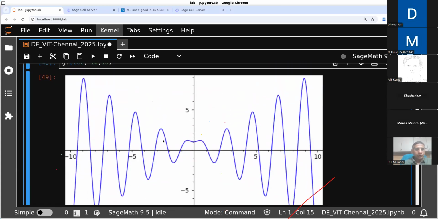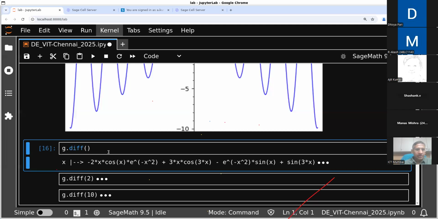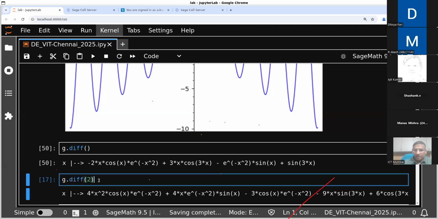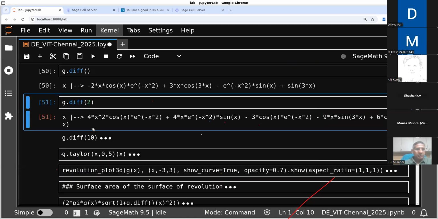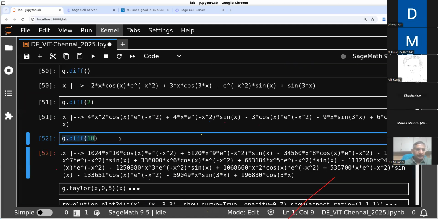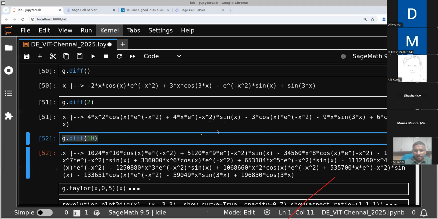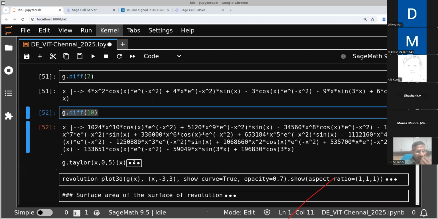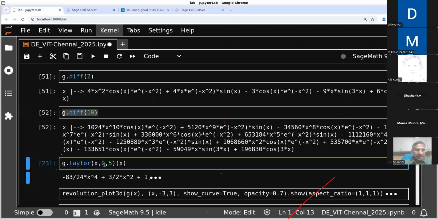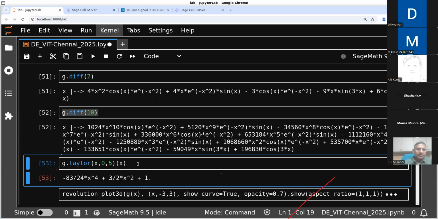Of course you can find out the derivative of this function. You can find out the second derivative. You can find out the 10th derivative, right? Of course, these are all very easy. You can even find out the Taylor series expansion. So g dot Taylor with respect to x about 0, and of degree 5.